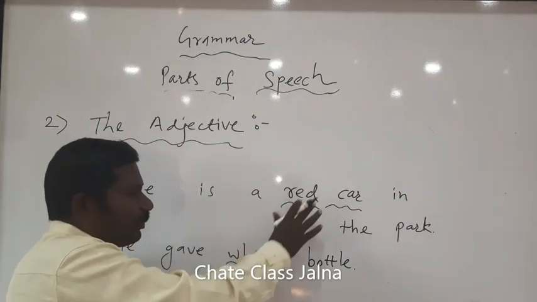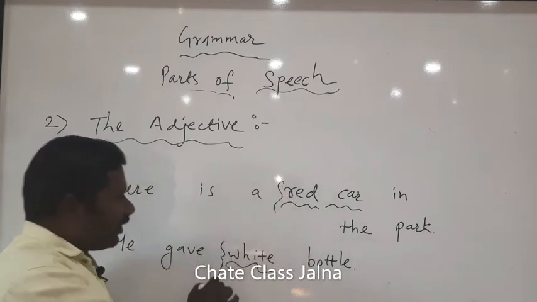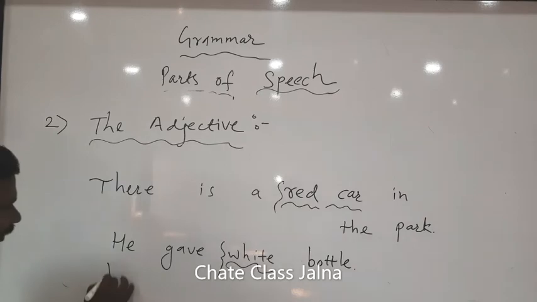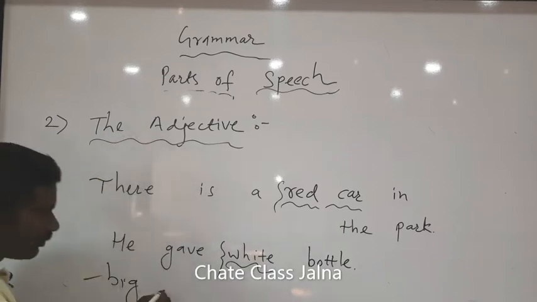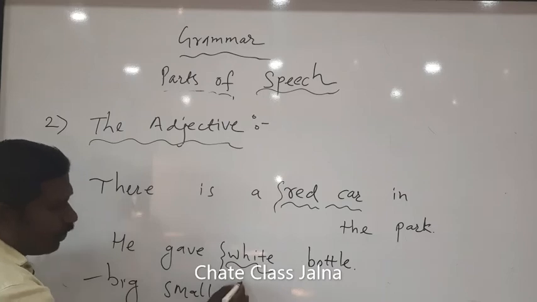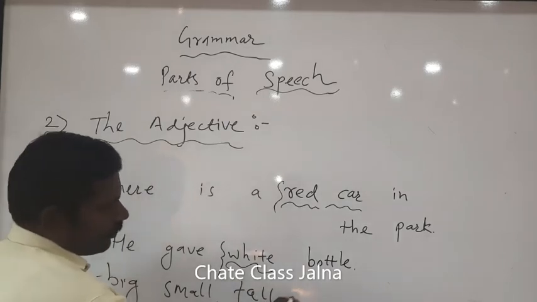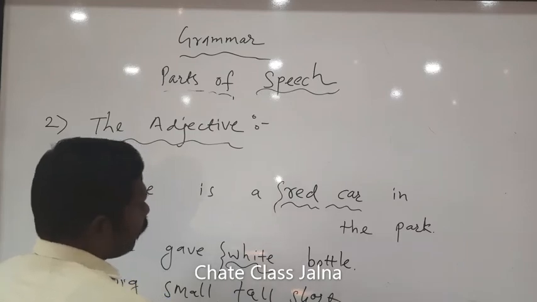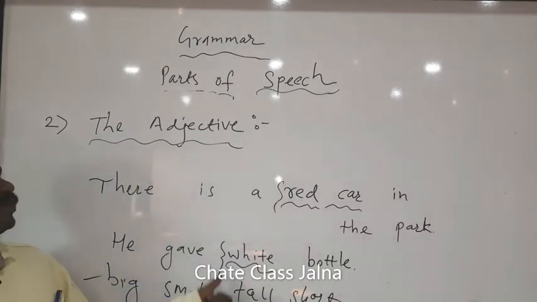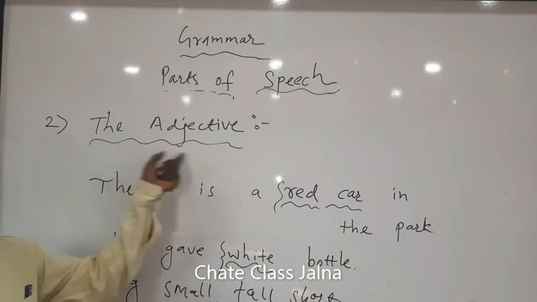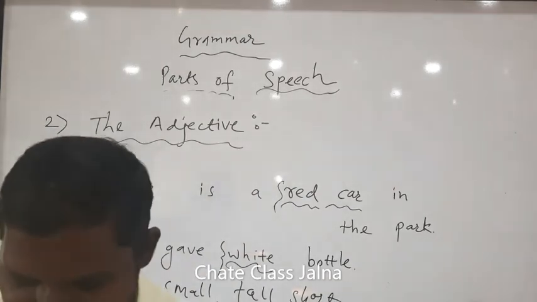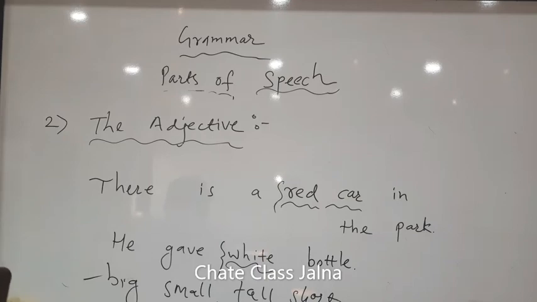It doesn't refer to colors only. In words like big, there is a big house, big is telling about the house. So big is an adjective, like small, tall, short. Those tell more about the nouns, so they are adjectives. Three types we have already revised: the noun, the pronoun, and the adjective.